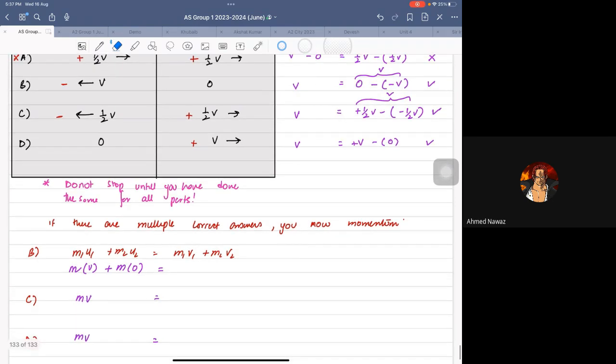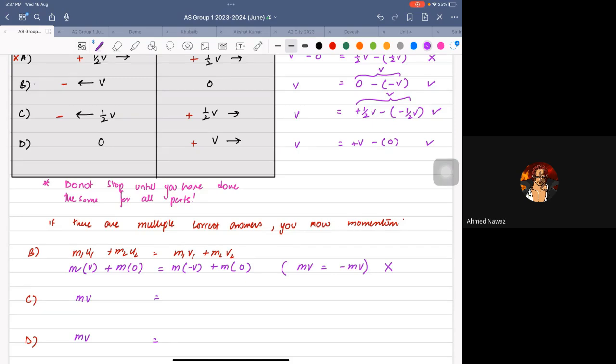Now for B, the mass was m and v1 was minus v, and the other one had mass m and speed 0. So we get mv equals minus mv. This is not possible because momentum must always be conserved.